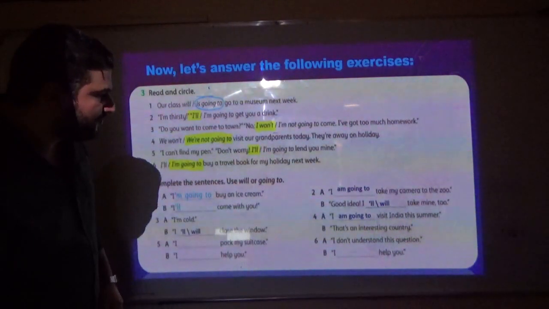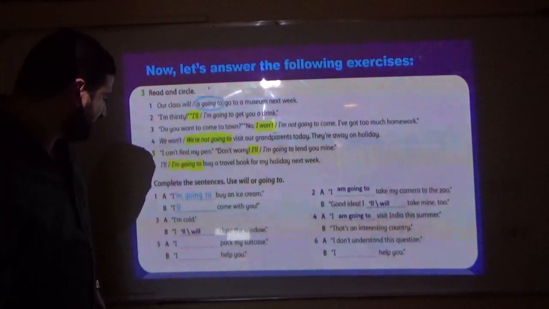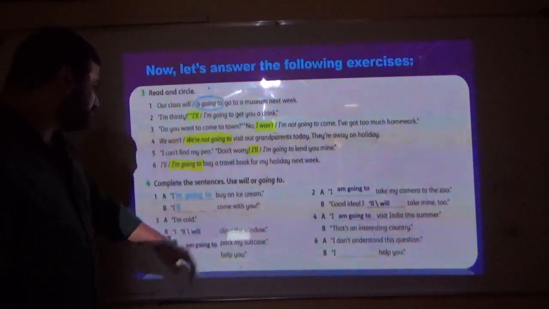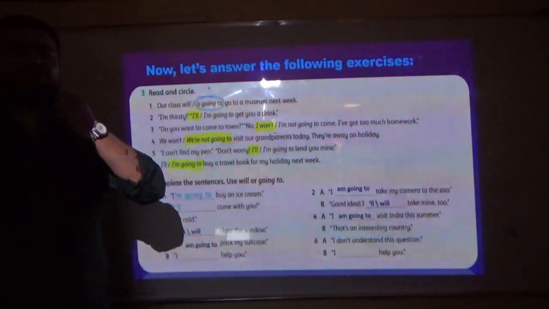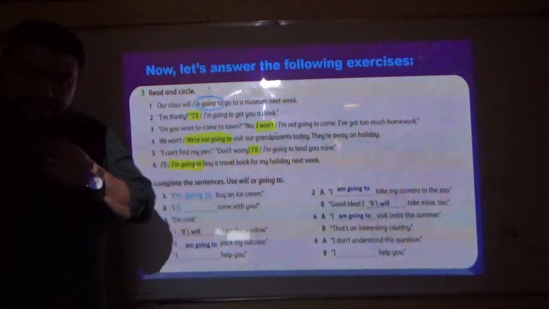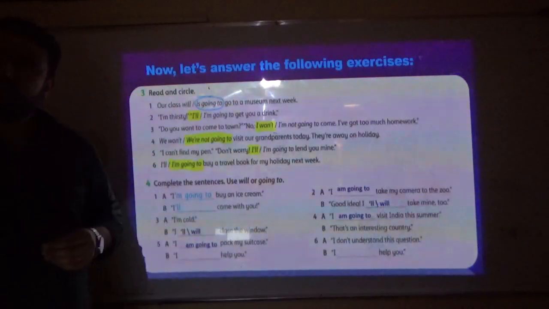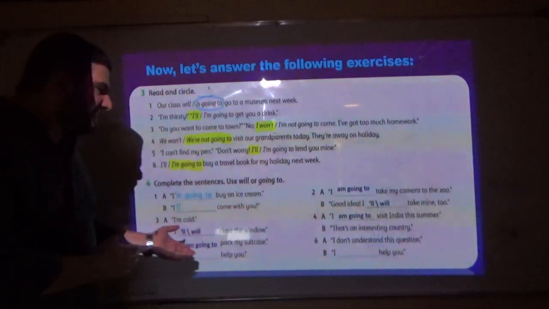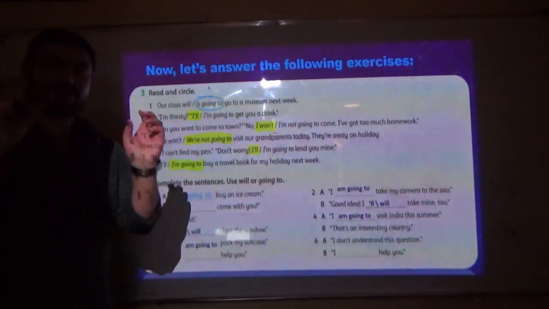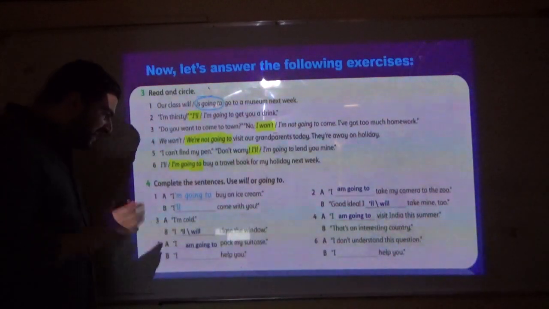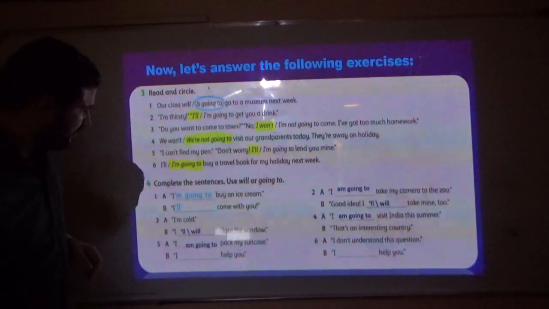So it's going to. Number 5, I'm going to pack my suitcase. So you will ask me, Mr., why not will? Because packing your suitcase means that you're going on a trip or doing something later, which you planned before saying this. So packing your suitcase is a part of the plan. So it's a plan ahead, so we have to say, I'm going to pack my suitcase.